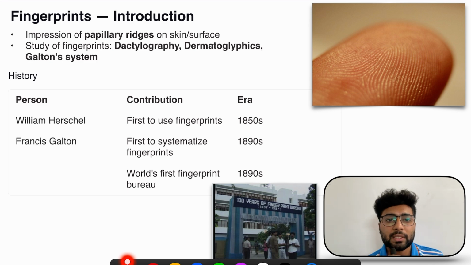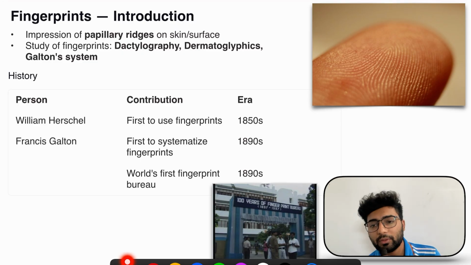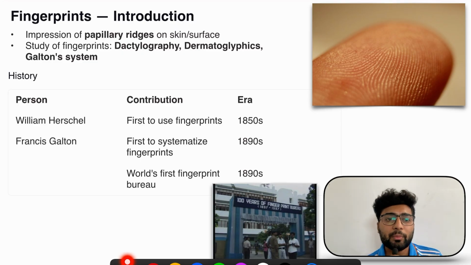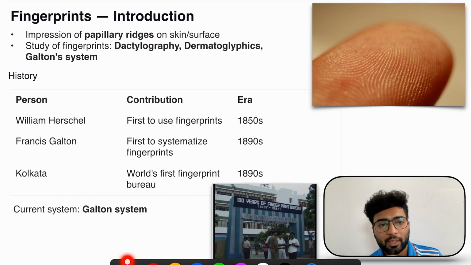Because Francis Galton was the first to systemize fingerprinting, while William Herschel was the first person to use fingerprints. It goes way back to the 1850s and 1890s. The world's first fingerprint bureau was established in Kolkata in our country, and the current system used is Galton's system.